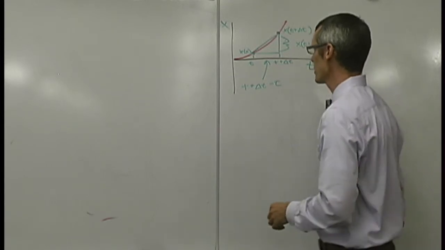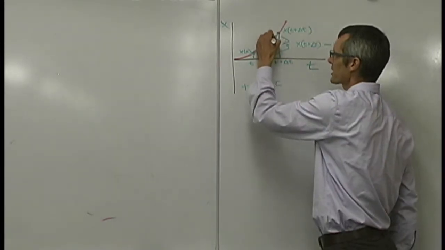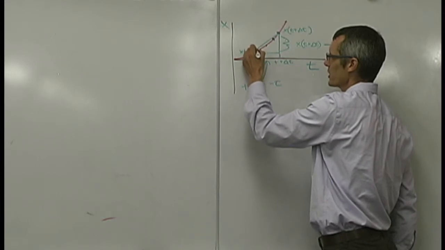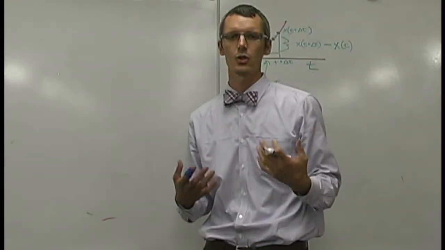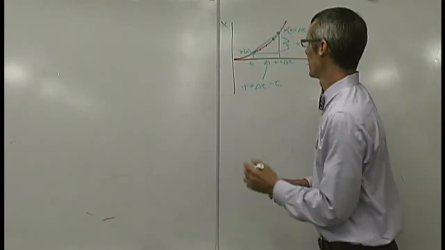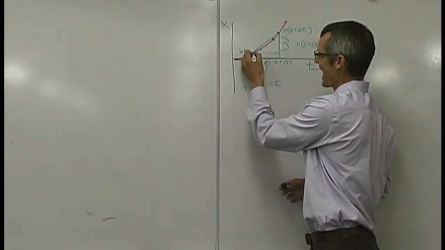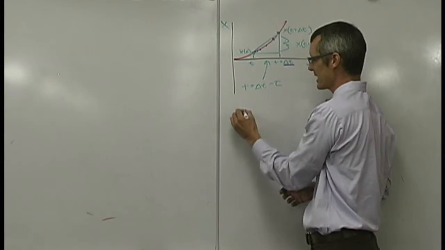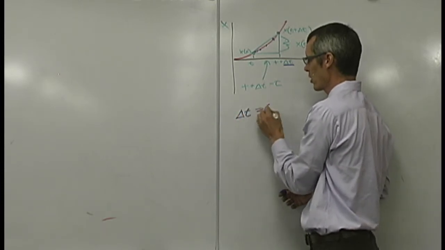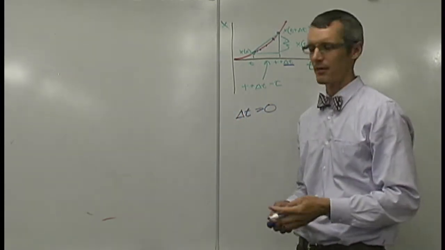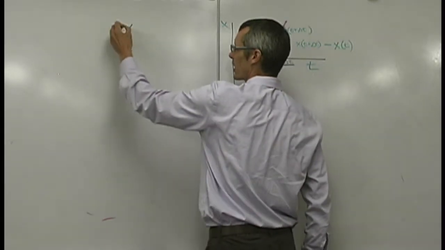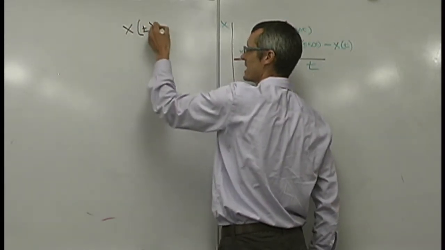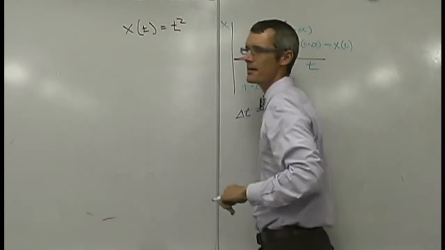And what we're going to do is say, okay, as this point gets closer, and closer, and closer, we're going to get closer and closer to the actual real slope. In fact, we're going to shrink it down to 0. In other words, as delta t goes to 0, what sort of value for the slope are we going to get? In this case, we're going to focus on this very simple function, x of t equals t squared.